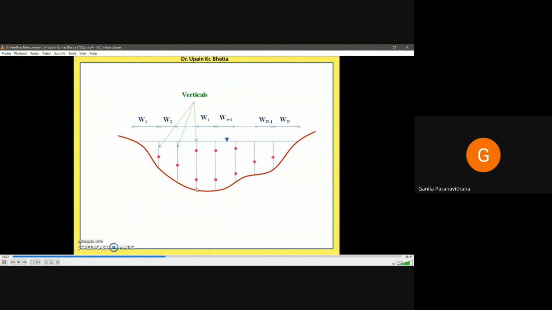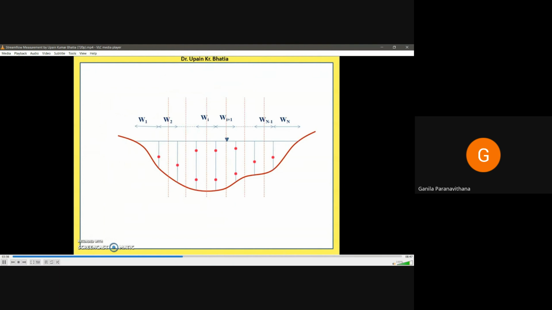Similarly, we have marked other points also, and after this we assume that we are having the average flow velocities along all these verticals. Now the next step is to divide the entire cross section into a number of segments using these vertical lines, the red dotted lines, which are passing through the middle of the two verticals.